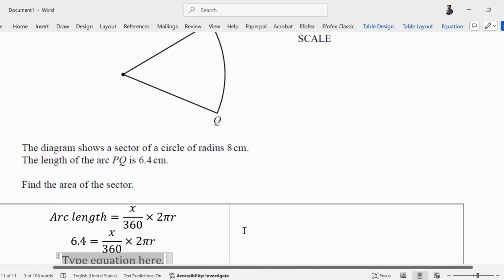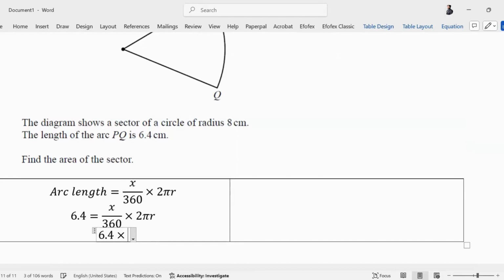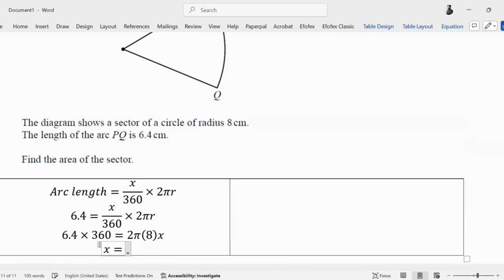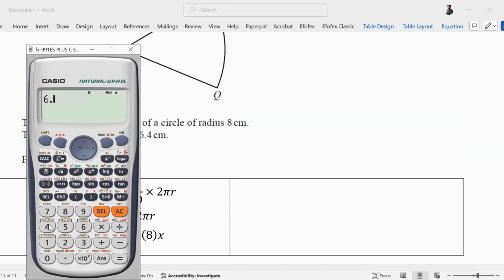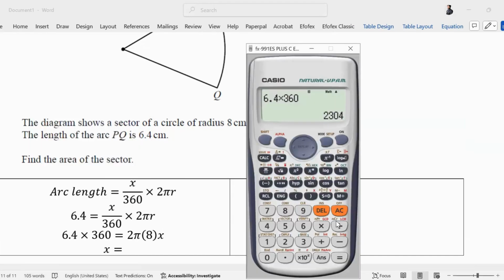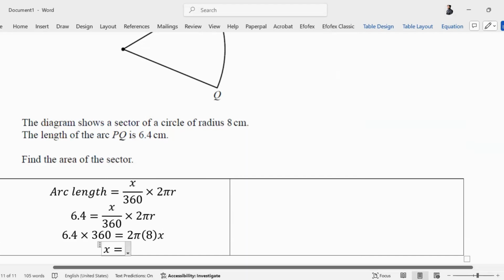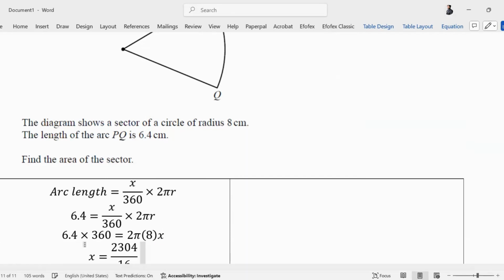This 6.4 will multiply by 360, and 2 pi radius is also 8x. So the value of x will be 6.4 times 360, that is 2304, upon 16 pi.